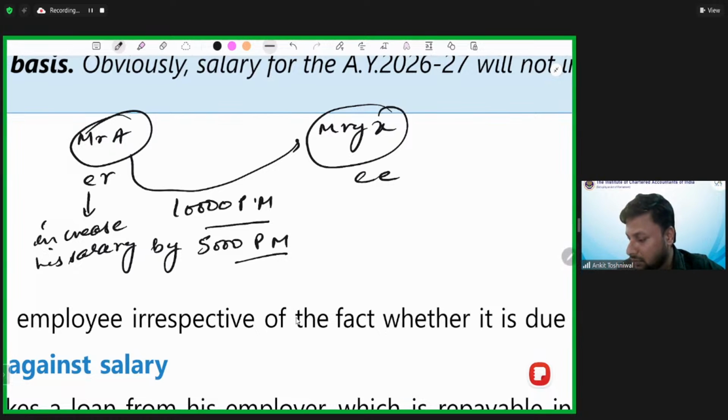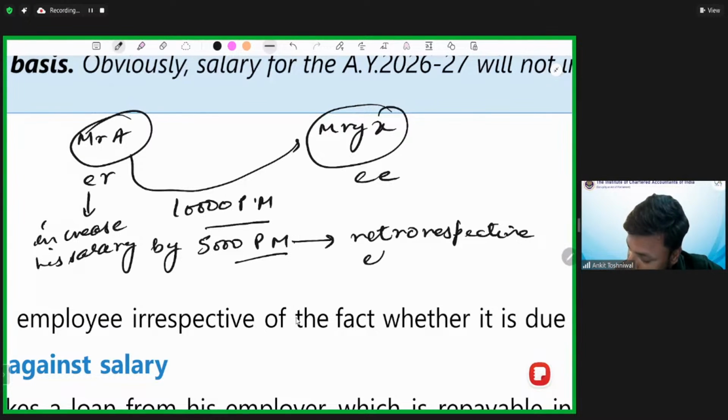But he increased his salary with retrospective effect. What does this mean?